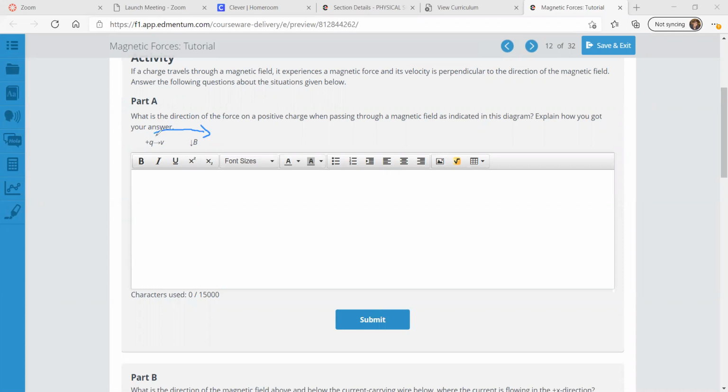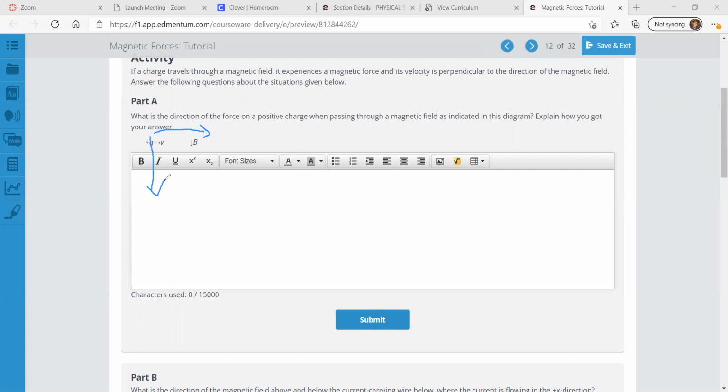And then we're going to use the palm rule. So put your fingers flat. Your thumb's going to move in the right direction, and then you're going to point your fingers down. So point your thumb that way, fingers down, and then whichever way your palm is facing, that's going to be the direction of the force.